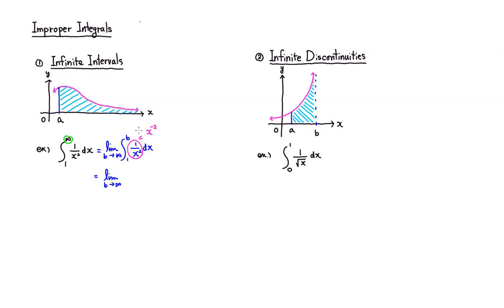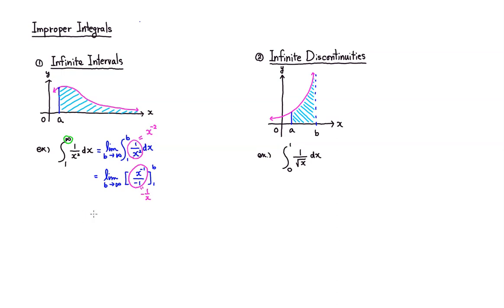The antiderivative of that is to add 1 to the power, so you have x to the negative 1 divided by that power, negative 1, going from 1 to b. If you don't like the way this looks, we can rewrite it as negative 1 over x.